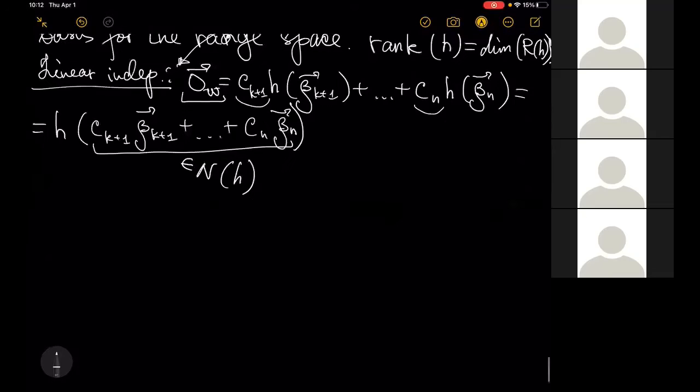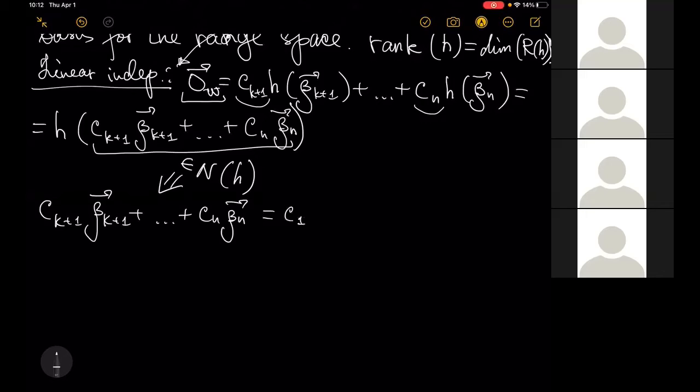So it means that this vector can be represented, because it belongs to the null space, as a linear combination of vectors of the basis of the null space, which is this, right?